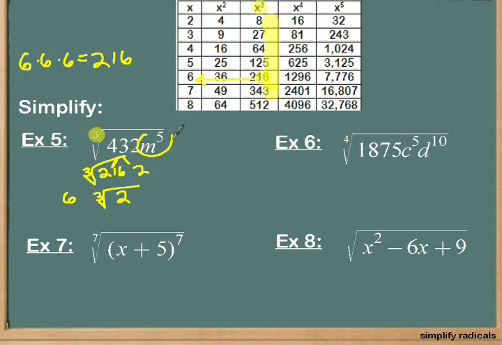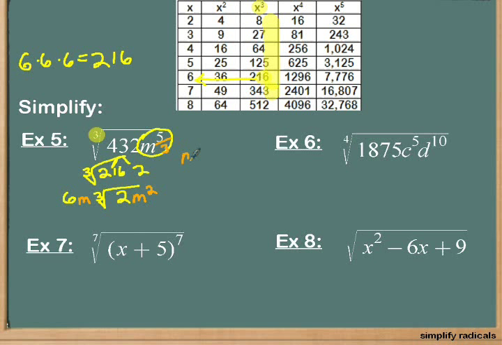And now we have to look at the m to the 5th. And again, what little trick did I just tell you? You can go ahead and take that 5 and divide it by 3. And when you take 5 and divide it by 3, you come out with 1. So 1m comes out. How many are left behind? Look at your remainder. And that would be a remainder of 2.